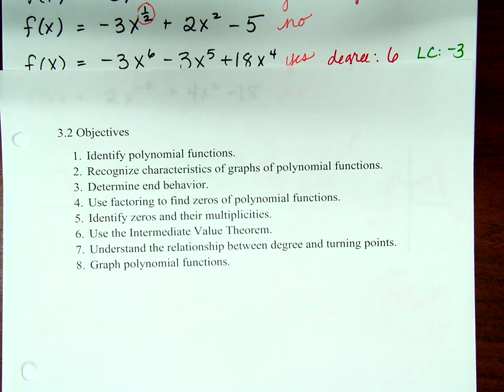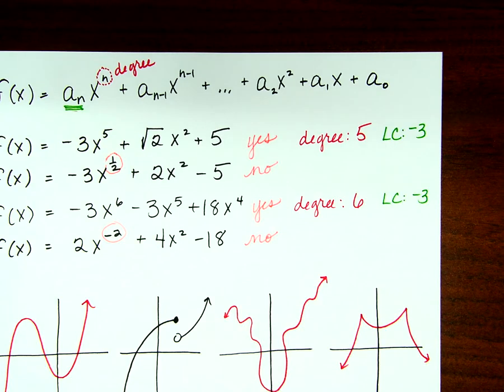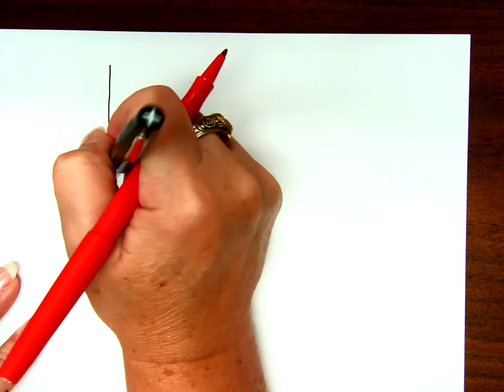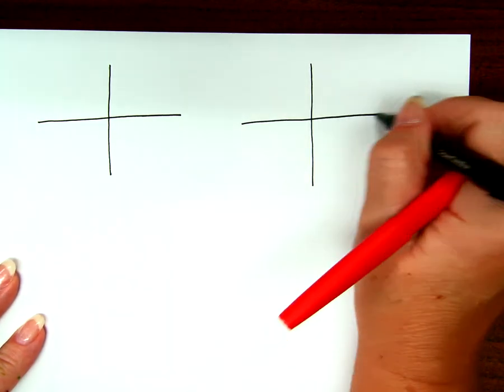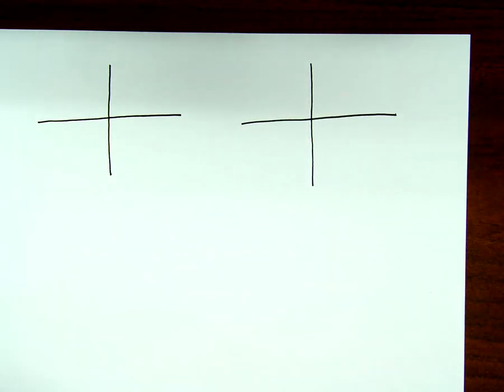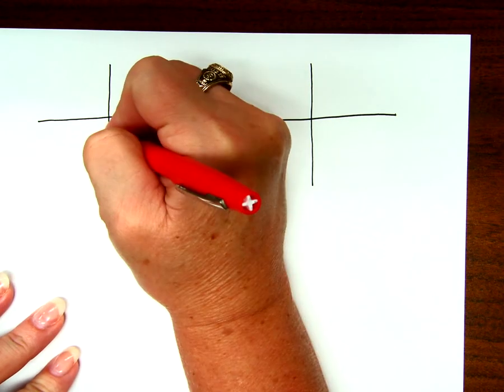Good with that? So let's talk about determining end behavior. Now, at least here at the beginning, I'm going to talk about two graphs. We're going to take most of our notes based on these two graphs. I'm choosing these two because you were familiar with them. We talked about them quite a bit in Algebra 2.